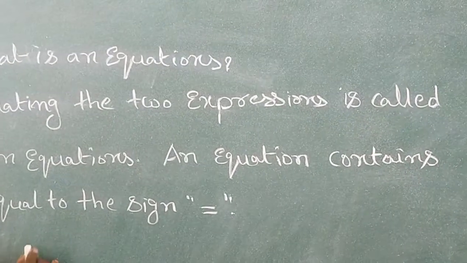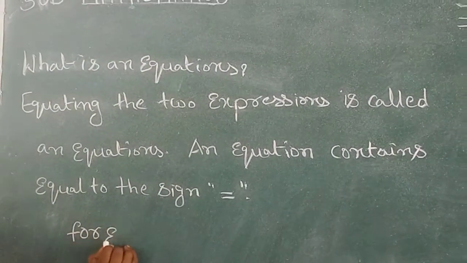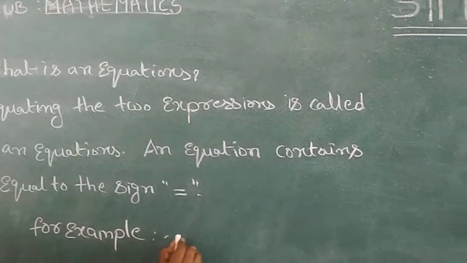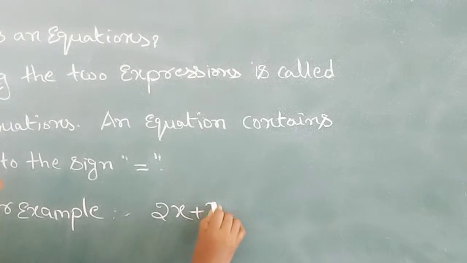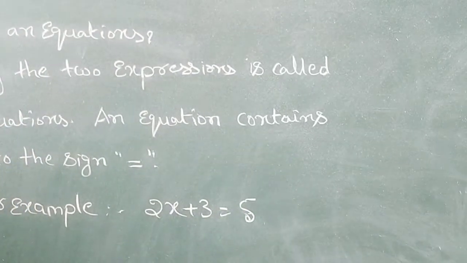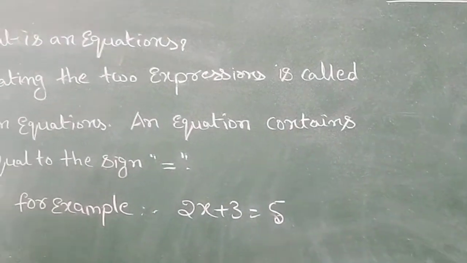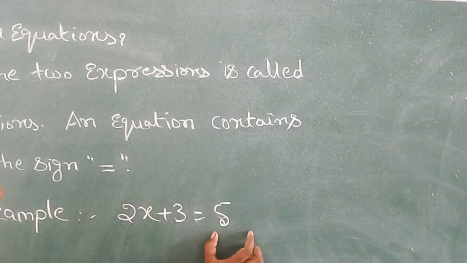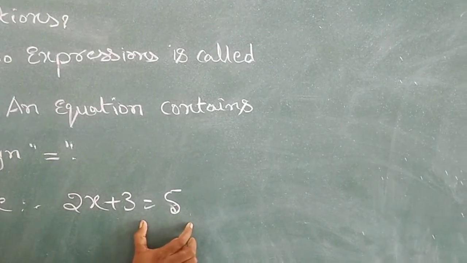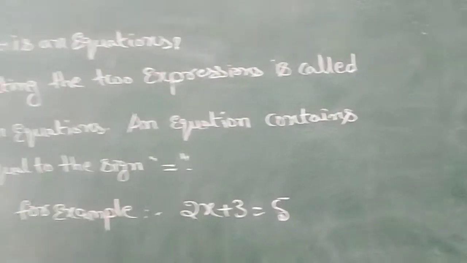For example, 2x plus 3 is equal to 5. It is one expression and it is another expression. Equating the two expressions is called the equation.